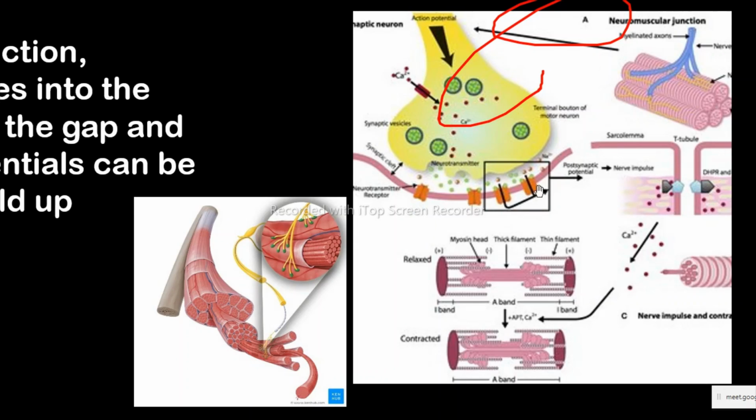Now the neurotransmitter substance is the one that will bind to these protein receptors, these ligand gated channels within the muscle. Are we together? And now these ligand gated channels will allow the influx of calcium ions into the muscle cell, the contraction unit, which will bring about the muscle contraction.